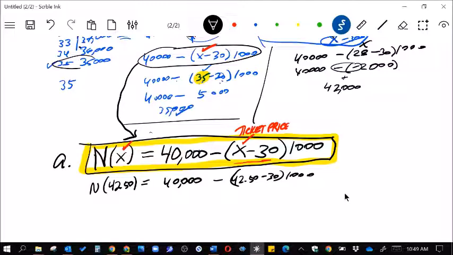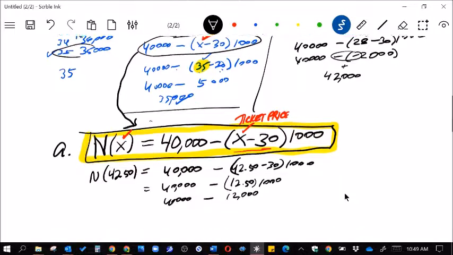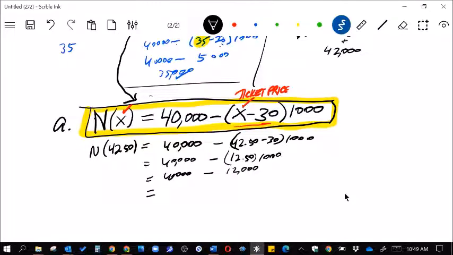So now our next step: 40,000 minus, and for this you could use a calculator, but actually you can do this one in your head, 42.50 minus 30 brings us to 12.50 times 1,000. So that gives us the amount of 12,000 in here. So 40,000 minus 12,000 will give us only 28,000 people.